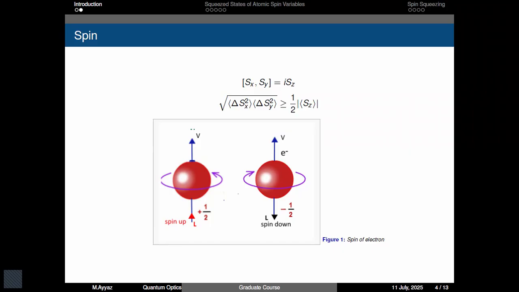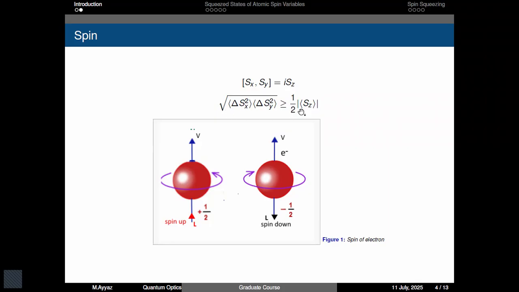But this property of spin, or dipole moment, in quantum mechanics is quite different from what we study in classical physics. So we have a spin and it may have three components, and these three components follow this commutation relation. And this is quite different from what we studied for the bosonic system.